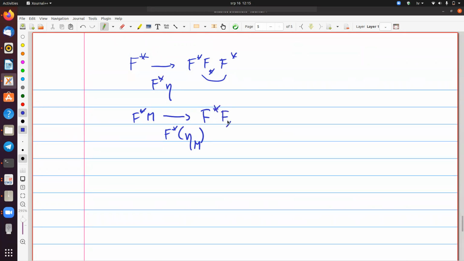F upper star M, and then you contract in the first with epsilon F star.